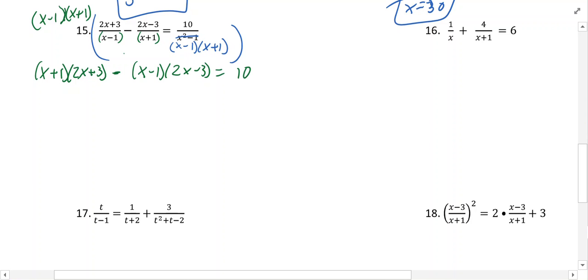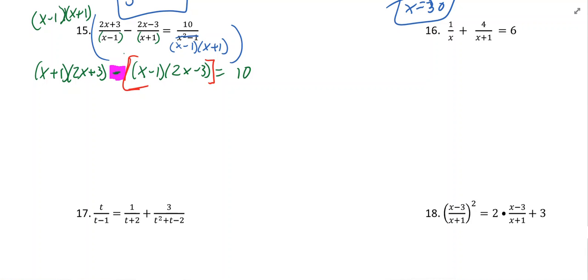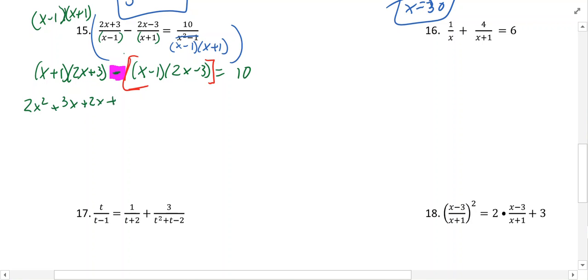All right, so now here's where you need to be careful, with this negative sign here. You're eventually going to distribute that negative sign to everything in this second set. So you want to think of this like a bracket. First you want to simplify the trinomial, then distribute the negative to it, okay? So here on this first term, when I distribute, I get 2x squared plus 3x plus 2x plus 3.